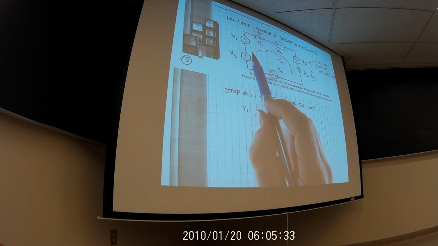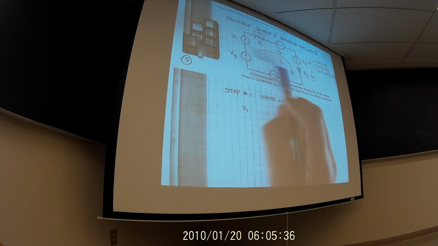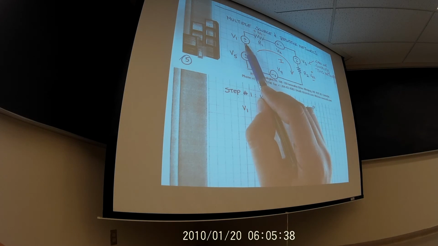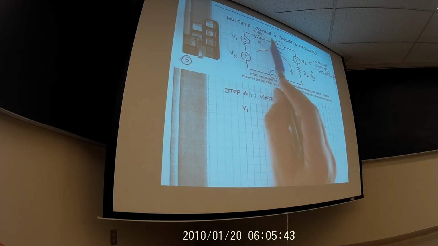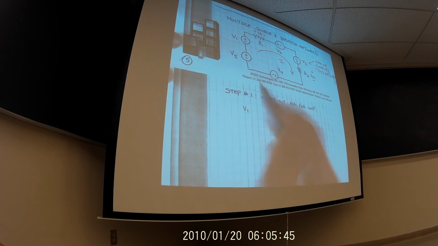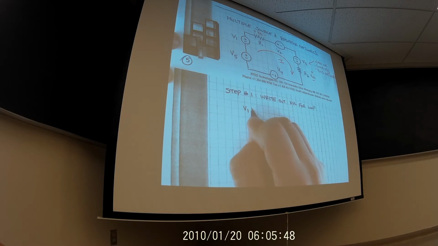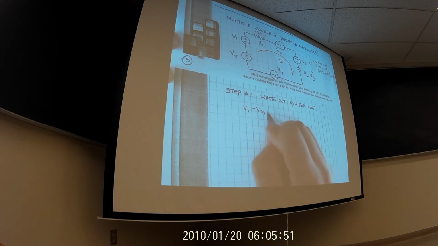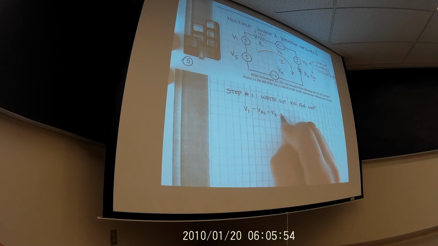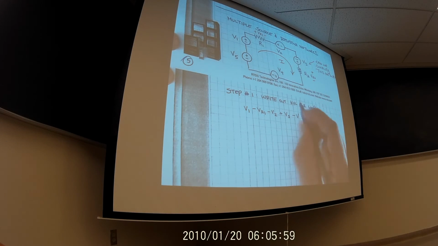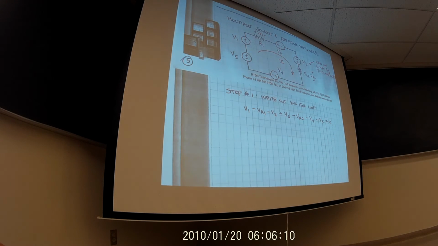The easiest way to think about it is to imagine you're following the current and the order that you see the terms. So anytime you see plus minus, so V1 minus VR1 minus V2 plus V3 minus VR2 minus V4 plus V5. Great.